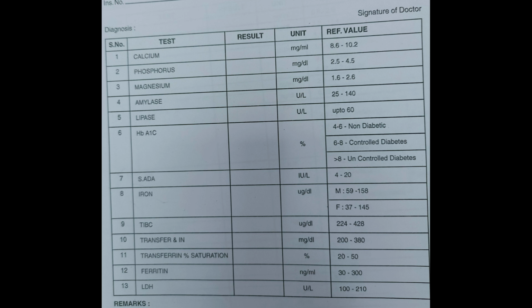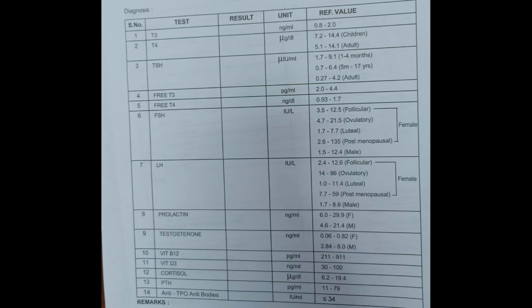You can send thyroid profile T3, T4, TSH, vitamin D3, iron profile studies, FSH and LH, follicle stimulating hormone and luteinizing hormone, and testosterone tests. All these things you can send to the biochemistry.